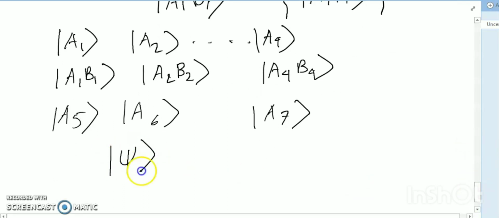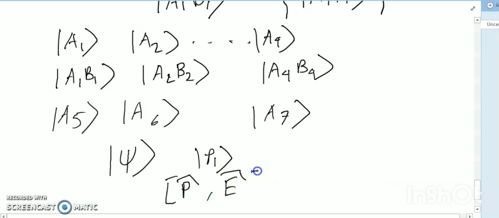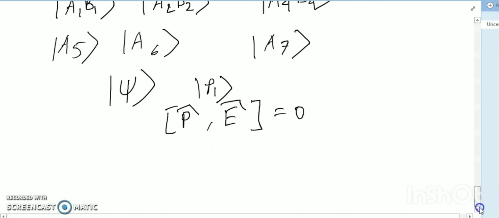Suppose psi is a momentum state and collapses into eigenstate P1. Then with the commutator of P and E equal to 0, we get a shared eigenstate P1 E1.